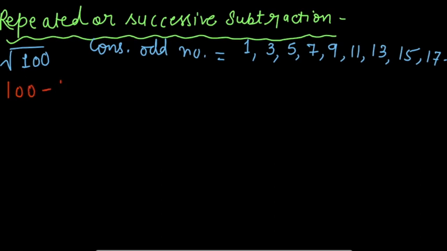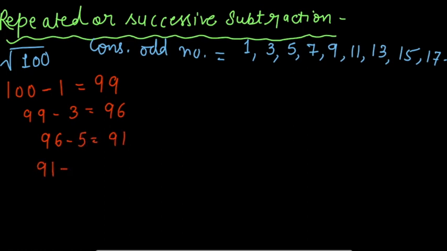100 minus 1 giving you 99. Now you do 99 minus 3, which gives you 96. 96 minus 5 gives you 91. 91 minus 7, 84. 84 minus 9, 75. 75 minus 11, 64.